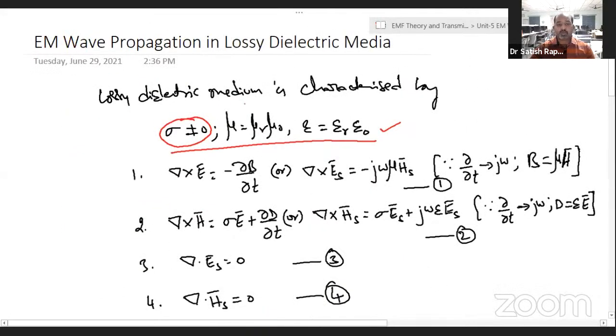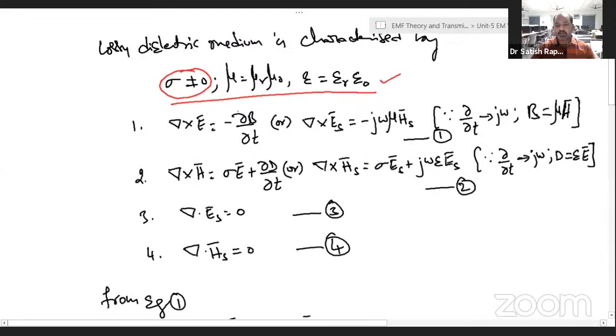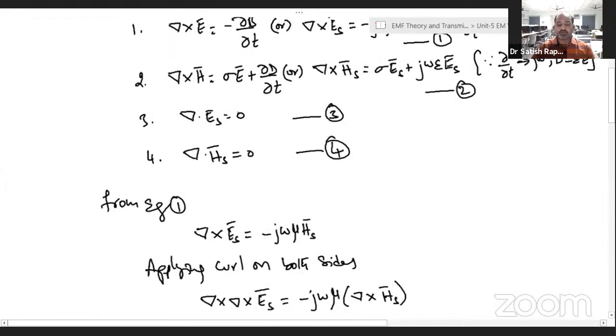So EM wave propagation in a lossy dielectric media. As usual, we have taken Maxwell's equations, modified according to the characteristics of the media, and we have equations 1 to 4.